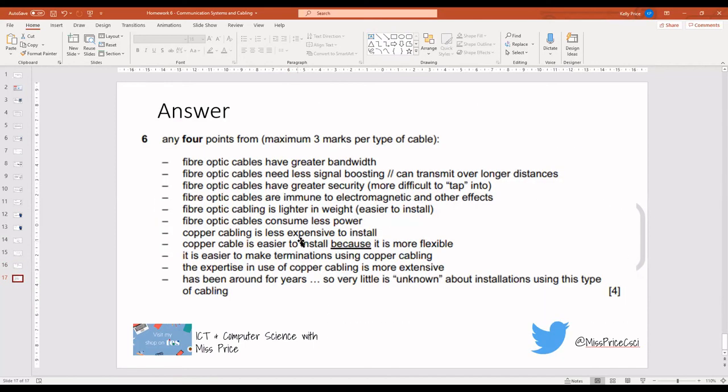That's where I might have lost a mark. No, I got my 2 marks. Copper cabling, less expensive to install. That's it, I put cheaper to install. And it's easy to install as it's more flexible. Easier to make terminations, and expertise of copper cabling is known. Yes, so we have more knowledge of it. It's been around for a very long time. So I've got all 4 marks there.